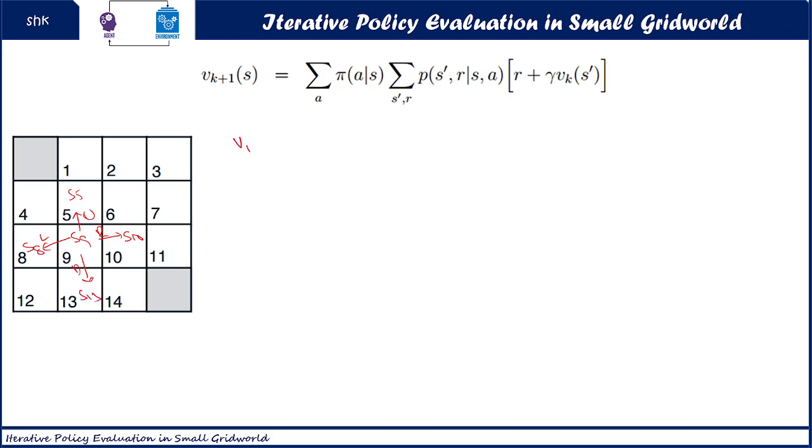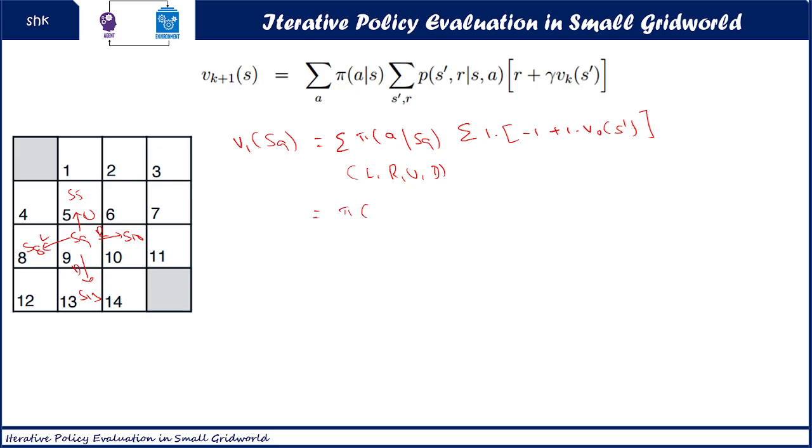So the value function V1 for the S9 state is equivalent to the sum over all actions of the probability of action A from state S9, times the sum over S dash and R of the probability, which is 1, times reward of -1 plus discount factor 1 times the value of the next state S dash, depending upon the action. As we have only one transition, this summation will have only one term. And we have 4 actions: left, right, up, and down.